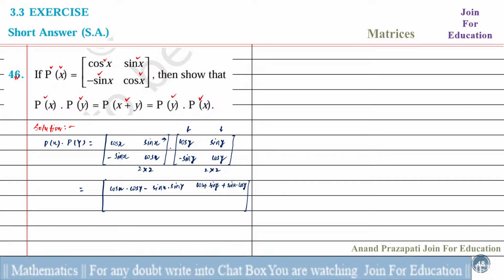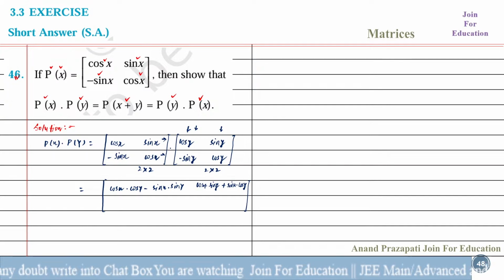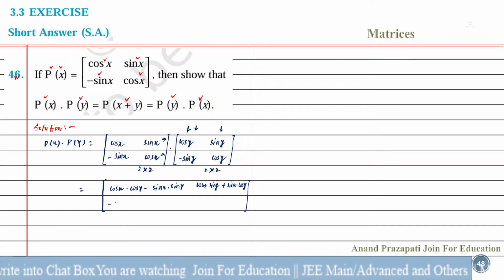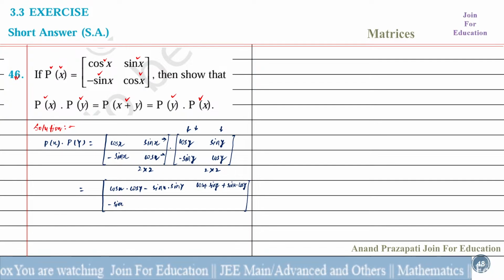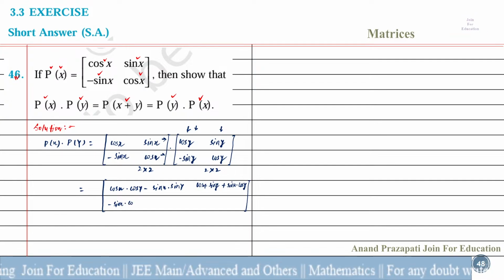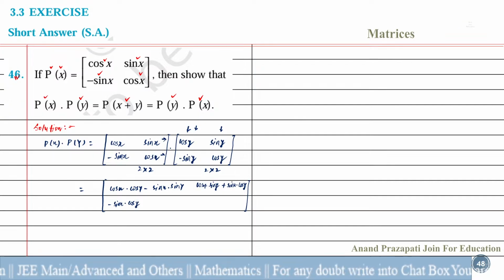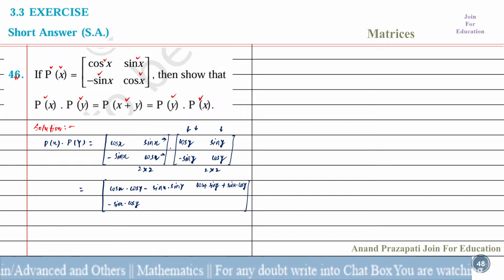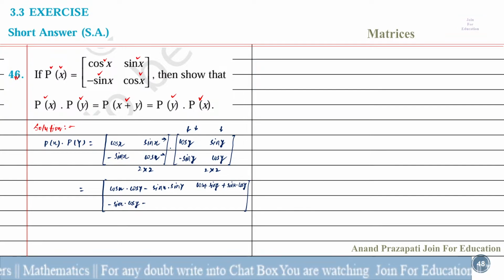Hope there is no problem up to this step. Now second row by first column, then we get minus sin x into cos y plus cos x into sin y.